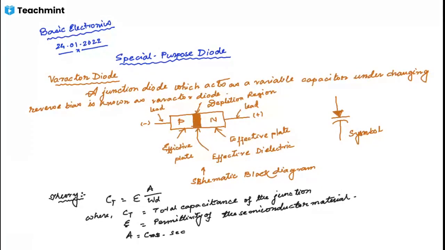And W_D is the width of the depletion layer.